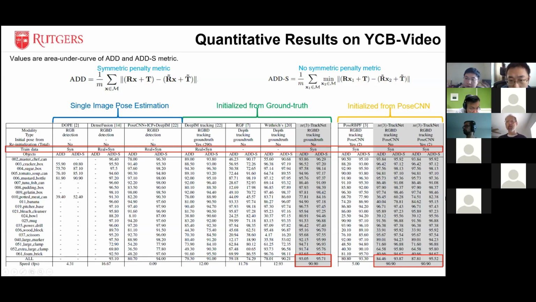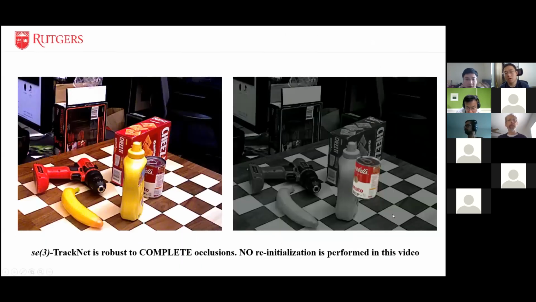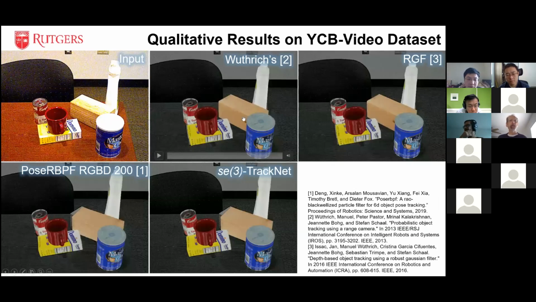In that case, because our SC3 TrackNet compares not only the depth but also the texture information, and PoseRBPF is more like reasoning about the depth information, when the woodblock rotates 90 degrees, the SC3 TrackNet will get confused and predict some unreasonable poses. Okay. All right. Thanks.